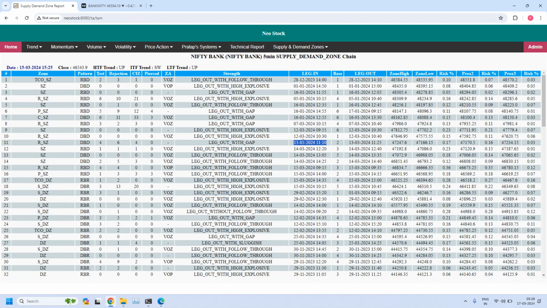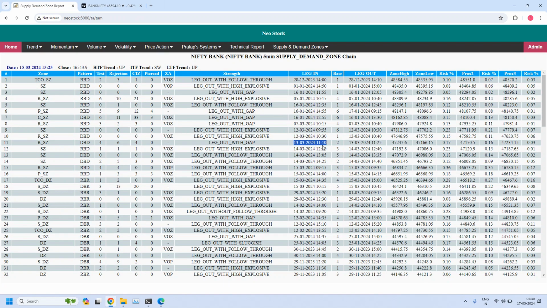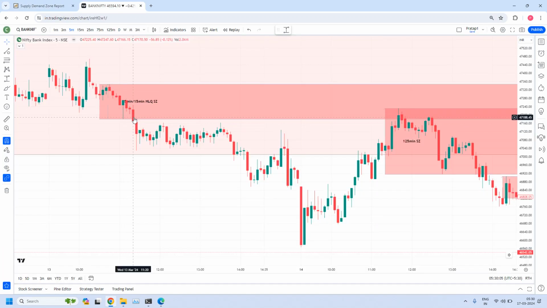Sorry, 11:10. Sorry for my mistake, 13th March 11:10. Here, this is the leg candle. 2 base candles and 11:25 is the leg out. This is the leg out.